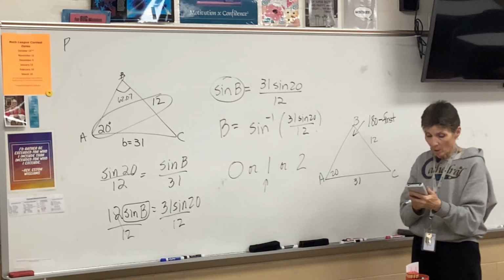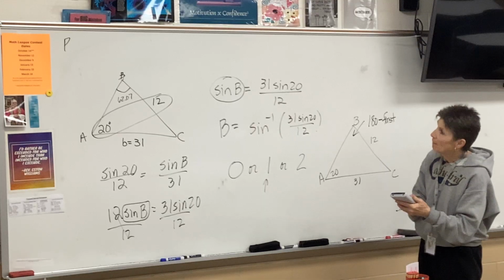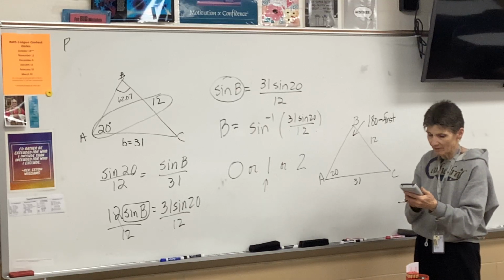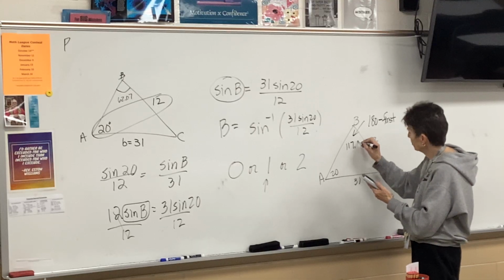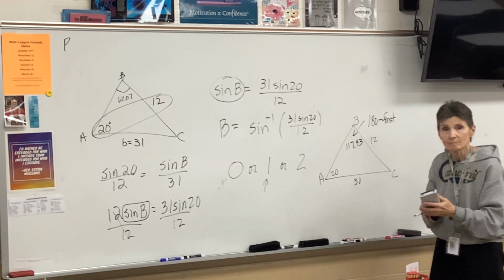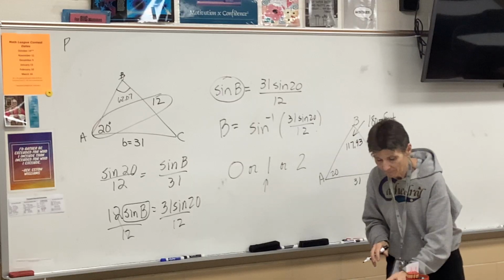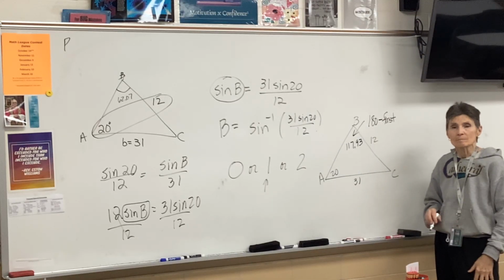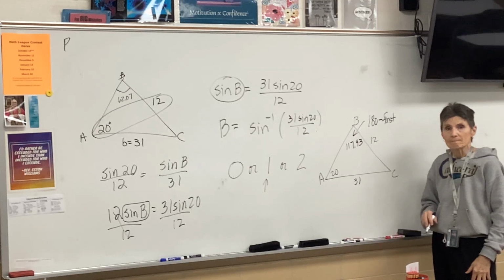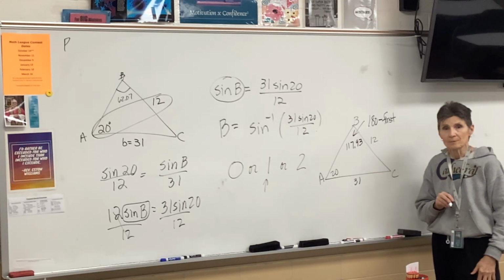So 180 minus 62.07. Did you get 117.93? That works.